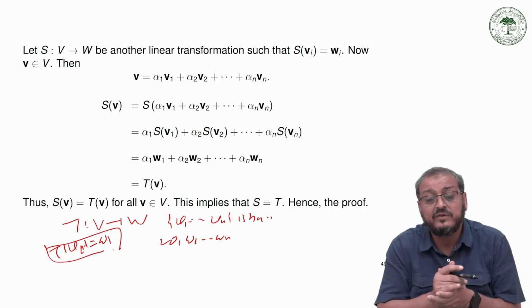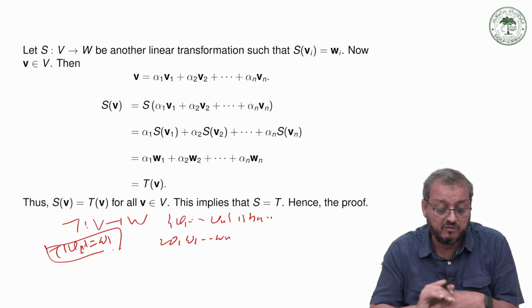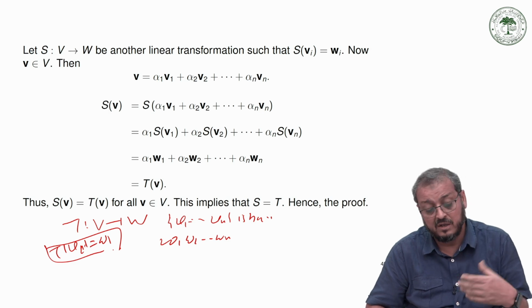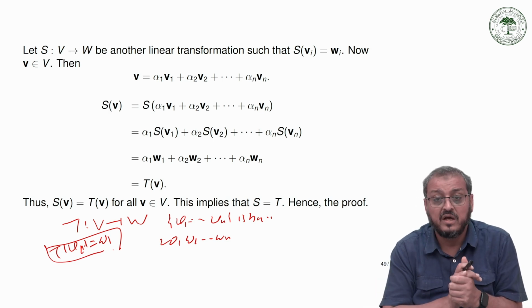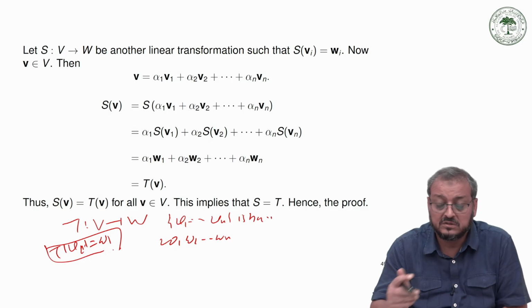By this property we can also find the general form of a linear map.